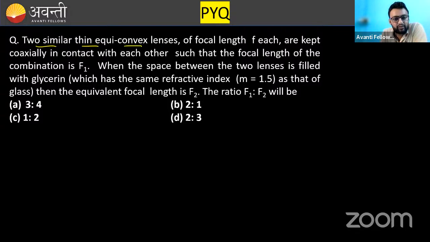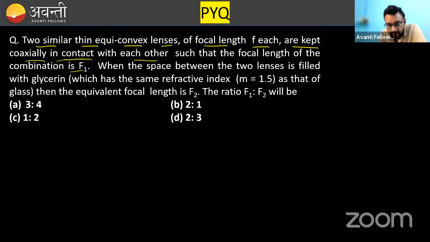Two similar thin equiconvex lenses of focal length f each are kept coaxially in contact with each other. In contact, listen, in contact with each other, such that the focal length of the combination is f1. Now listen.